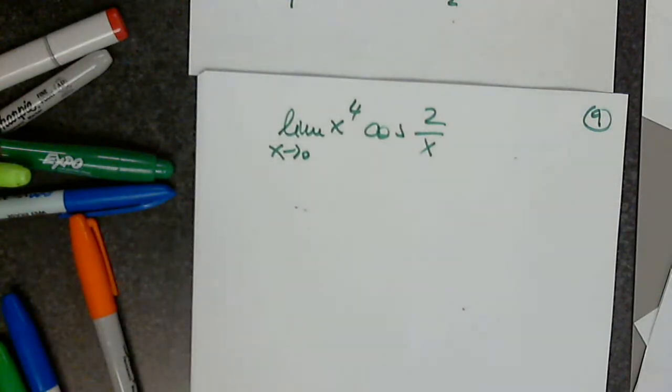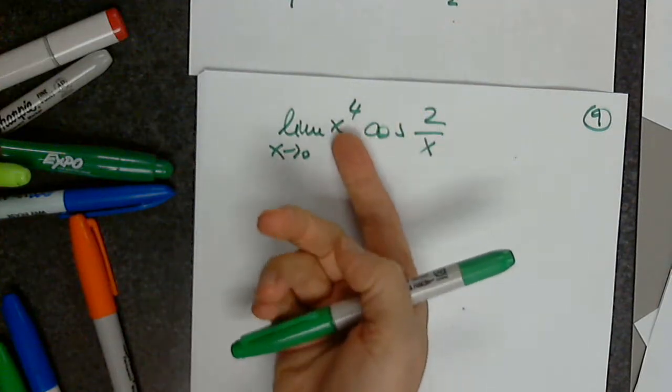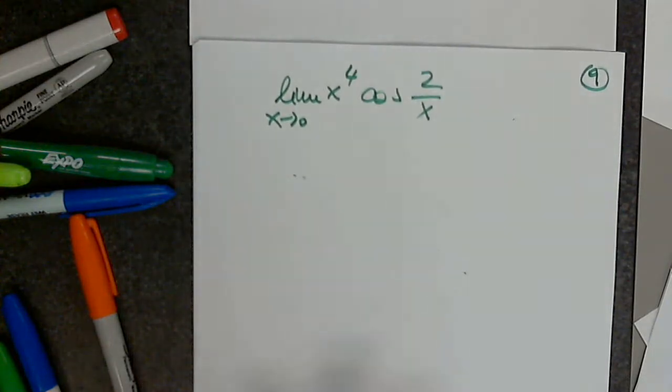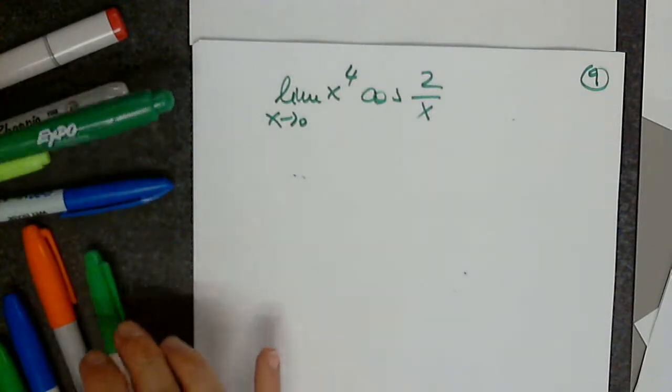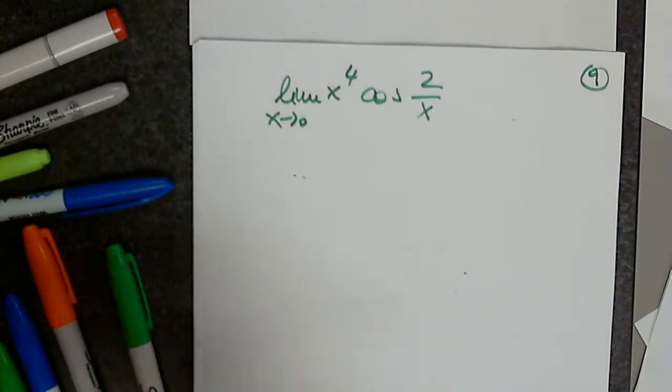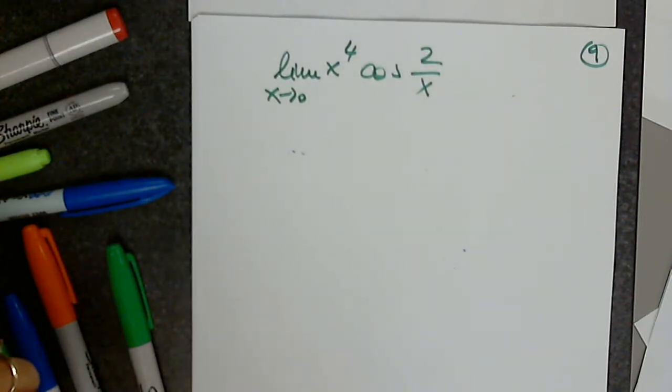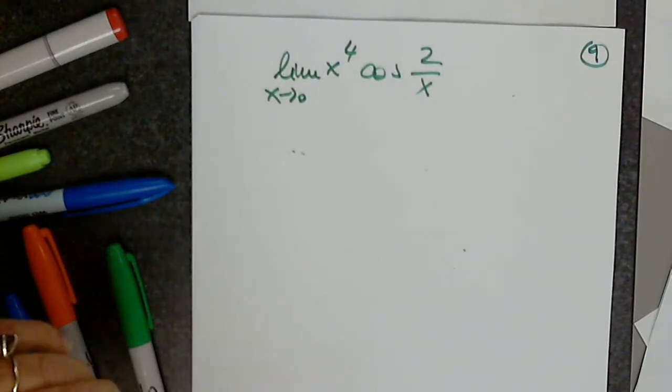Cosine of DNE. Cosine of DNE times 0. I have no idea. So what do we do in this particular situation? Anyone remembers? It's right there on the handout.